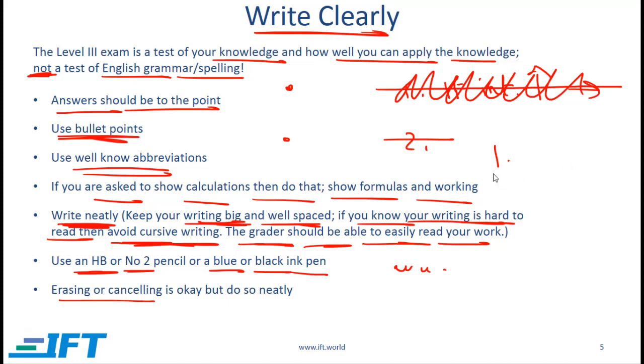The CFA Institute will give you enough paper, so there will be way more space than you need. So you can write big, you can write neat, you can keep things spaced. If you need to cancel things out, you can neatly cancel out and then give your answer. But always think about your examiner. Your examiner or your grader needs to be able to clearly understand what you are trying to say.